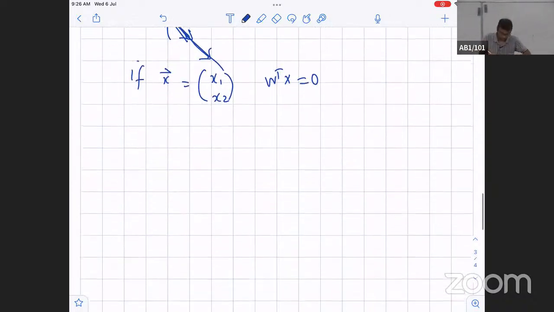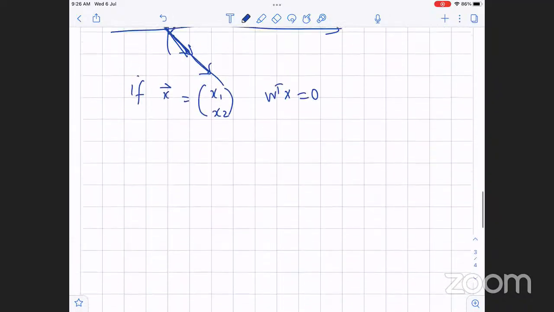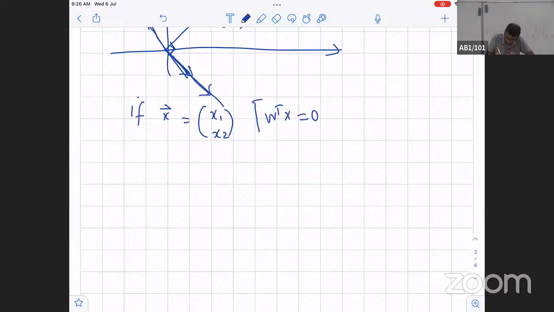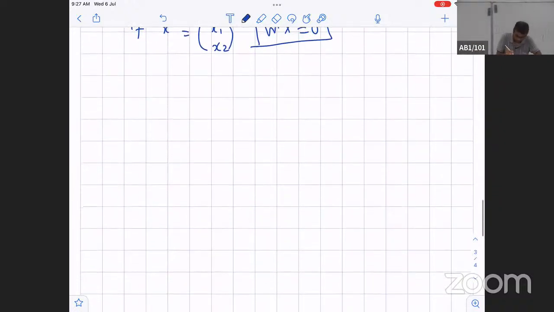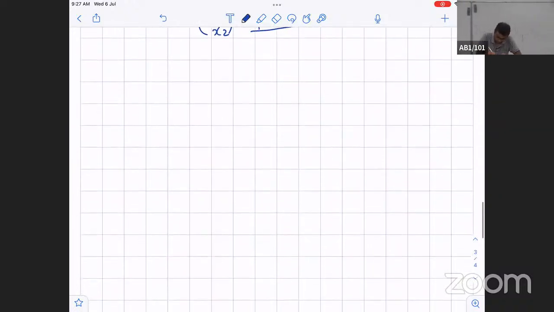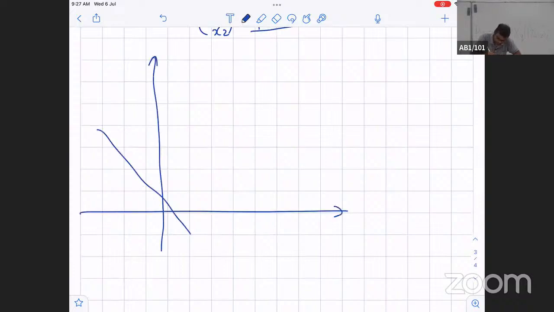Now, unfortunately, all the discussion that we have had is only for W transpose x equal to 0. So we should be able to tell what happens if the line doesn't pass through the origin. For that, it's a very simple exercise. I will just do it right away.